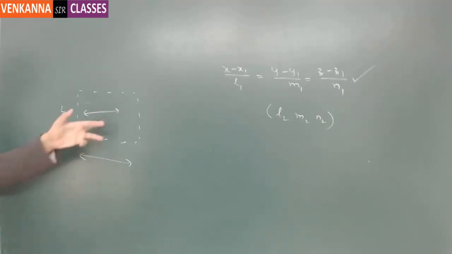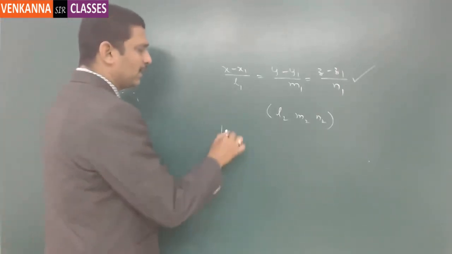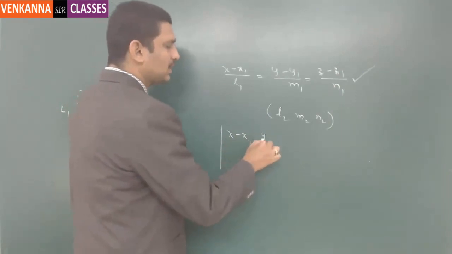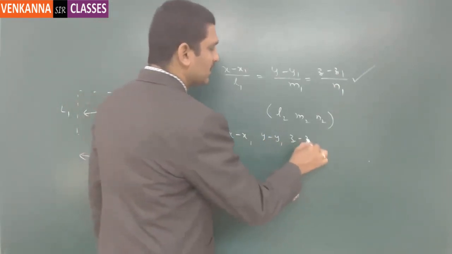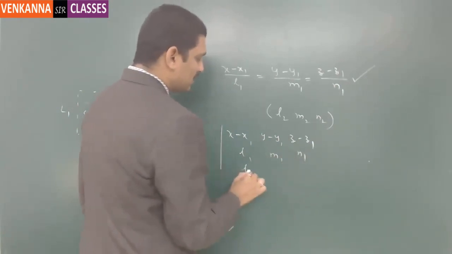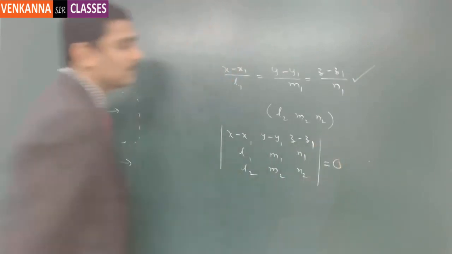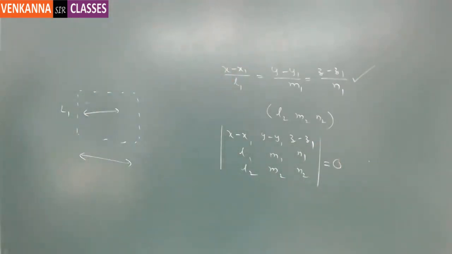Sometimes this plane contains this one also. So for that, the formula is the determinant of x - x1, y - y1, z - z1; L1, M1, N1; and L2, M2, N2 equal to 0. So this is the formula, we make use of that.